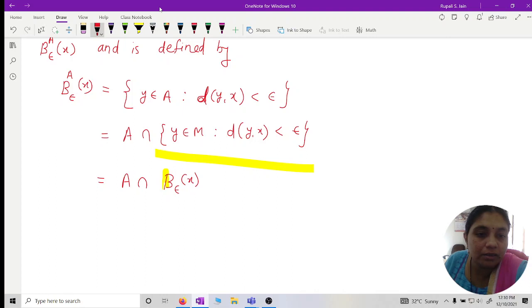The open ball in the original metric space we just define as B epsilon of x, and if we want to restrict it to the relative metric, then we write it as B epsilon of x in A, where A is a subset of M. Is that okay? So an open ball in the relative metric space is nothing but that set A intersection the open ball in the original metric space.